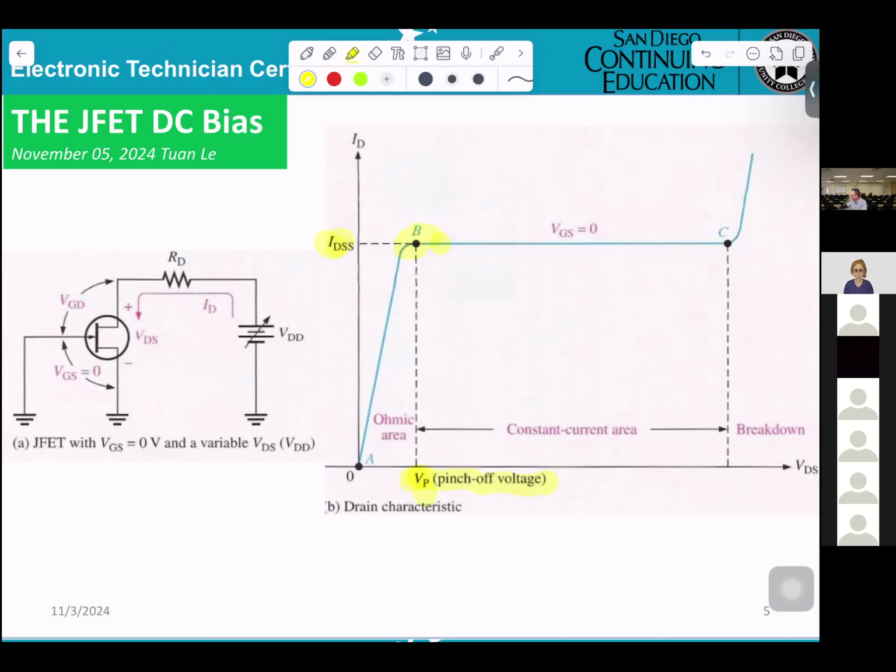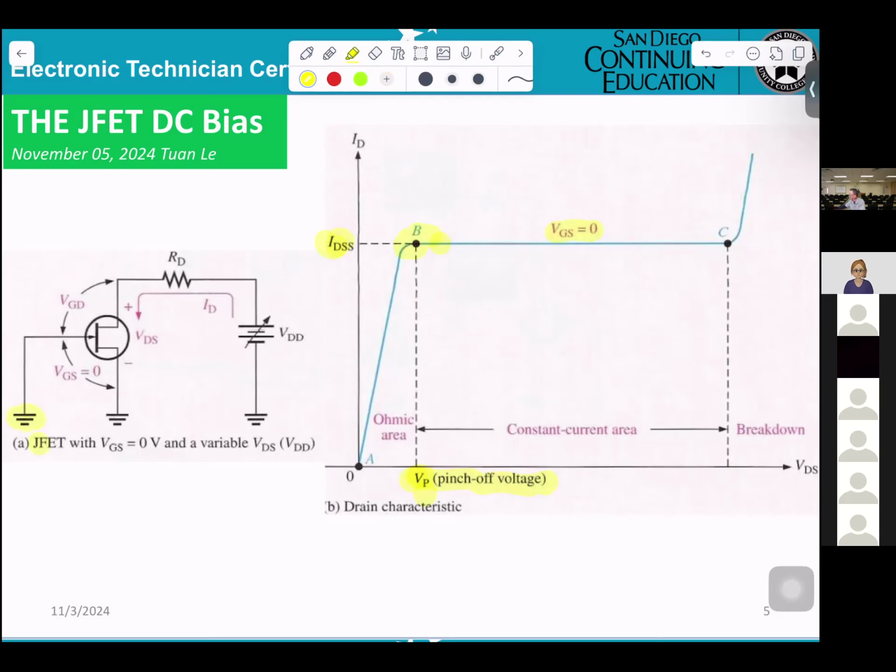And when you increase the VDS, at the IDSS, they say VGS equal 0. That means they're right here.